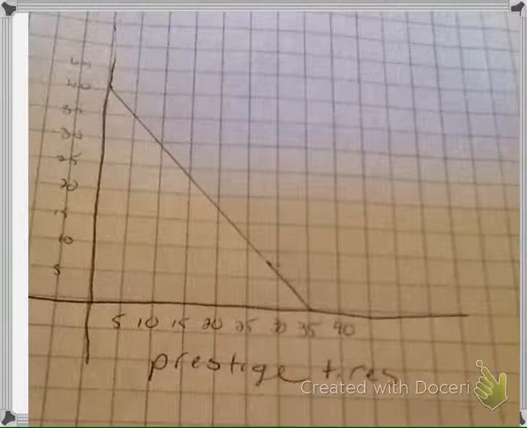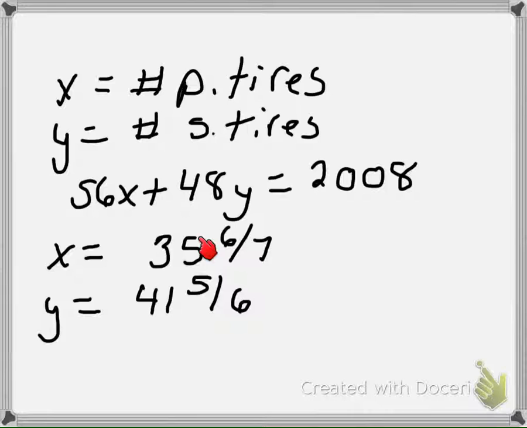And there's no way that you could have 35 and 6/7 of a tire and then 0 of the other tires, and over here there's no way that you could have 0 of the Prestige tires and then 41 and 5/6 of the Supreme tires, so those aren't even solutions to the equation. In this case I'd probably graph it on Desmos and then drag my finger along the line to find whole number answers. Okay, last problem is a point slope problem.